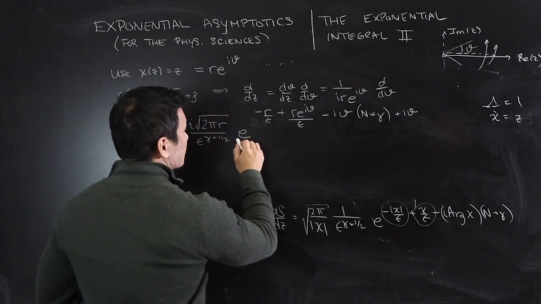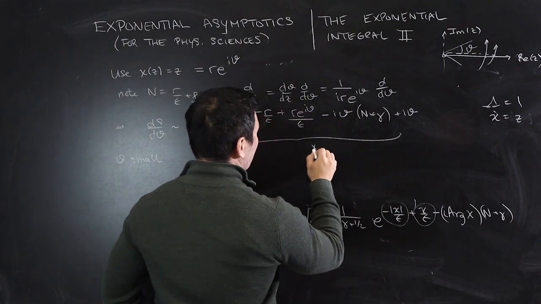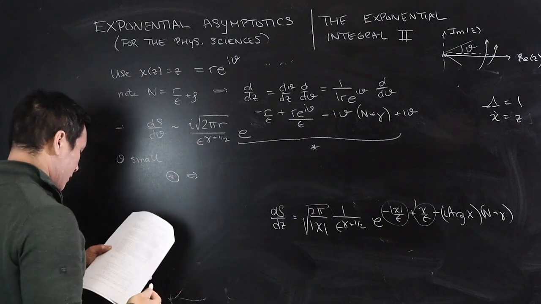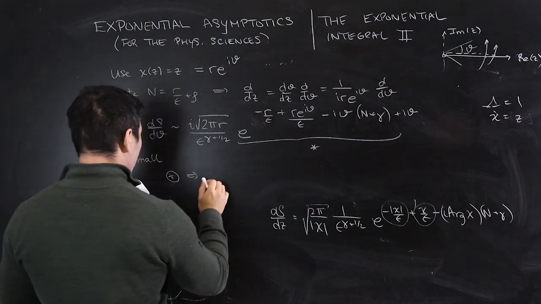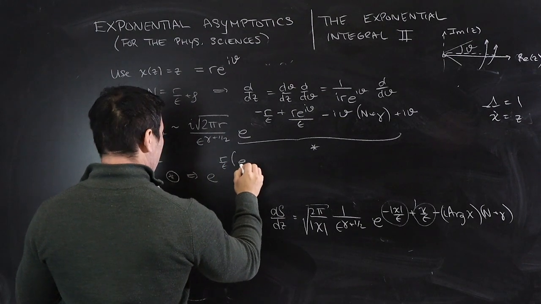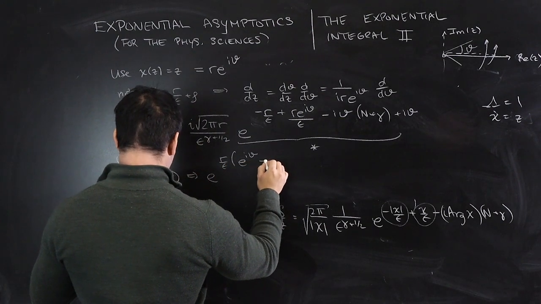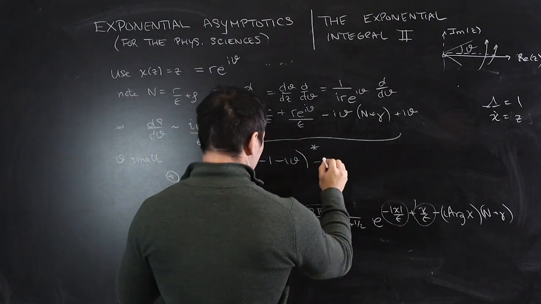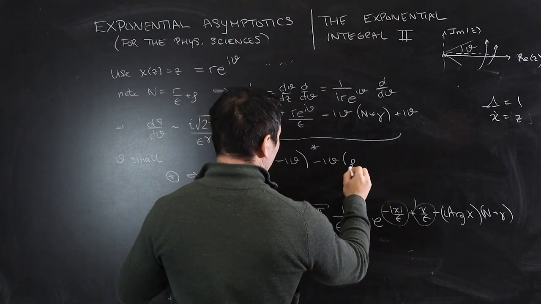So if I call this factor star, then this star is basically e to the r over epsilon, and then we have e to the i theta minus 1 minus i theta, rho minus 1.